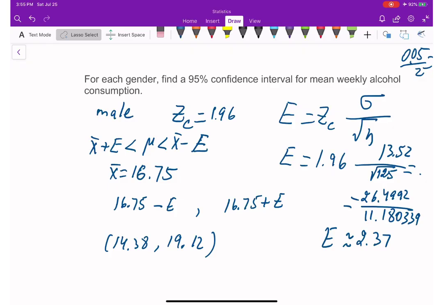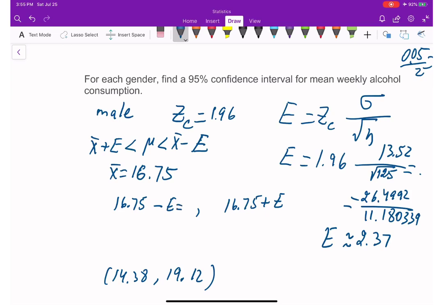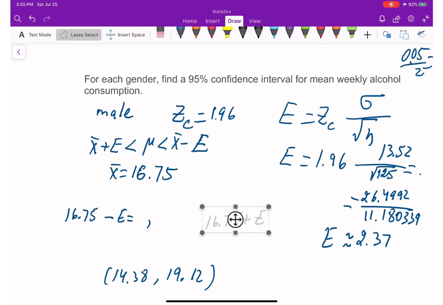And from here, this would be equal to 16.75 minus 2.37.